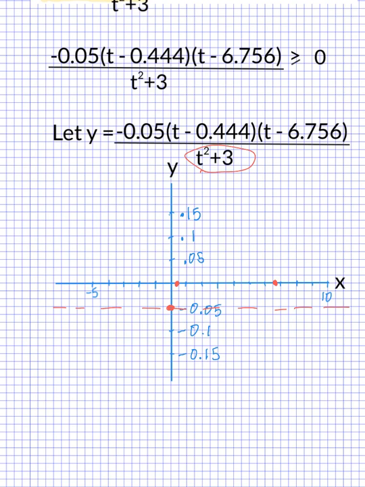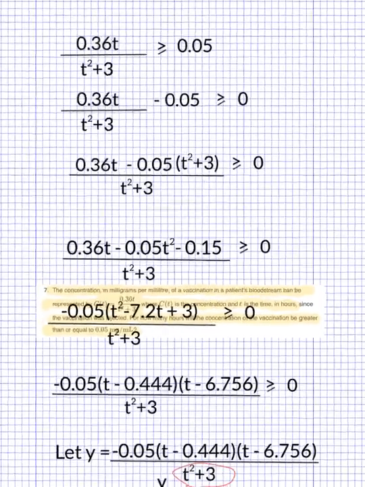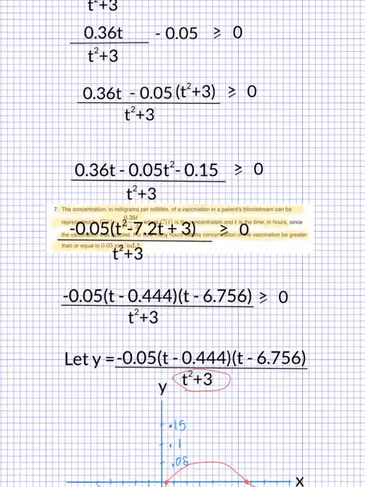So we know that the graph has to come up here and then come down here and follow this line, and over here it's going to have to come and follow this line. So there's your graph. Now, what are we looking for? Let's go back up and see. We're looking to see when this is greater or equal to 0.